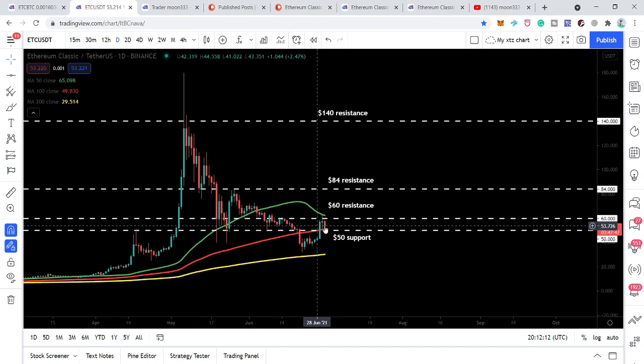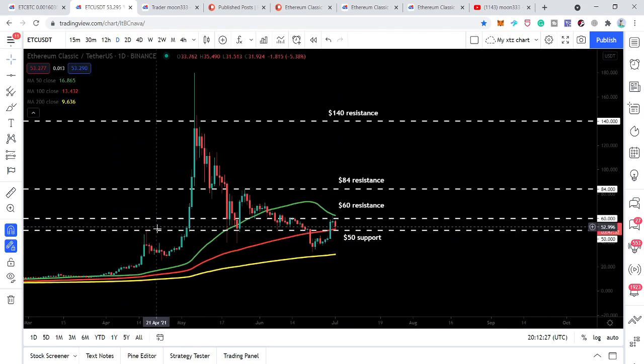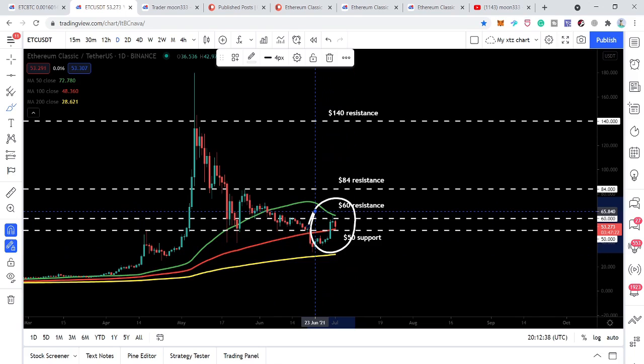At the same time, we also had a very strong resistance of $50 that is now working as a support, and the price action is retesting the 100 simple moving average and the $50 support level at the same time. You can see previously the $50 level was breaking here as a resistance, and here it has been breaking as a support. Here it has been breaking as a support, and now again here it is breaking as a support.